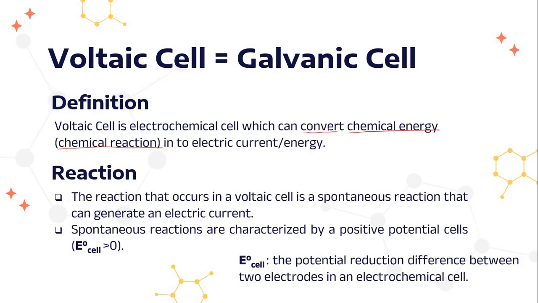So this is the keyword: a voltaic cell can convert a chemical reaction into electric current, or electric energy. And what type of chemical reaction occurs in voltaic cells?